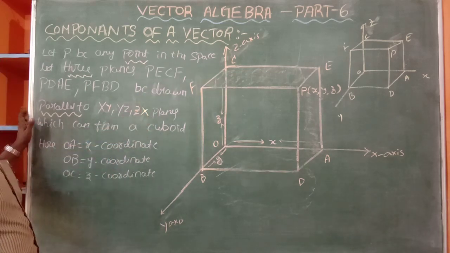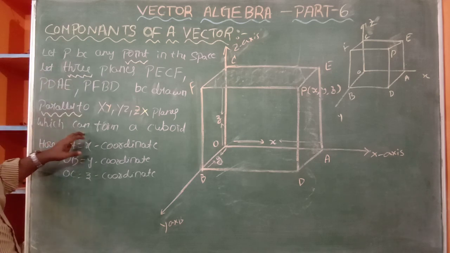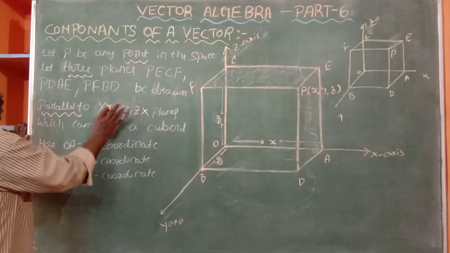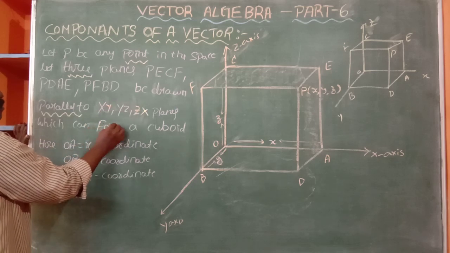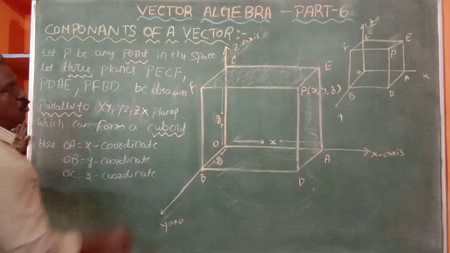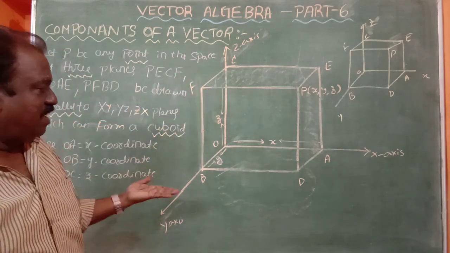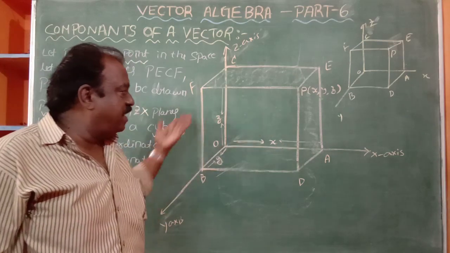Like that we construct what can be formed: a cuboid. Cuboid means it is just like a box. There are 6 faces.